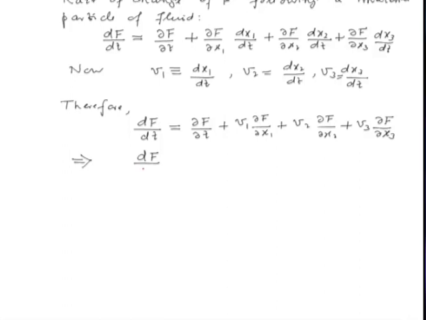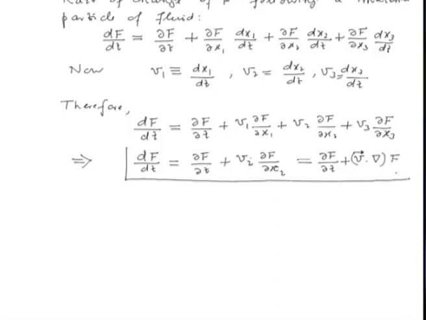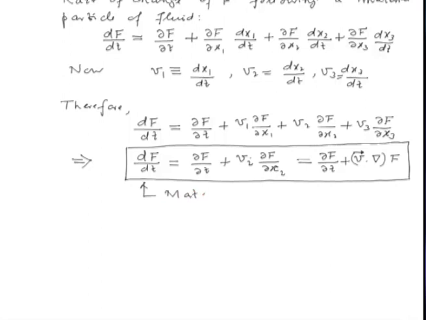So, df by dt is equal to del f by del t plus Vi del f over del xi, or in vector form we can express it as del f by del t plus V dot del f. So, that is the expression for the rate of change of f following a material particle, and that is why we call this the material derivative.